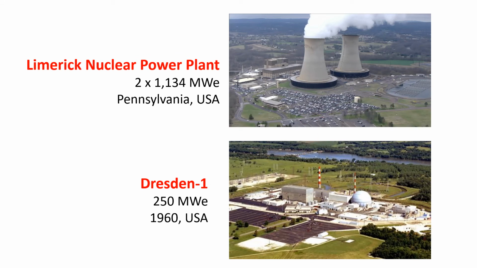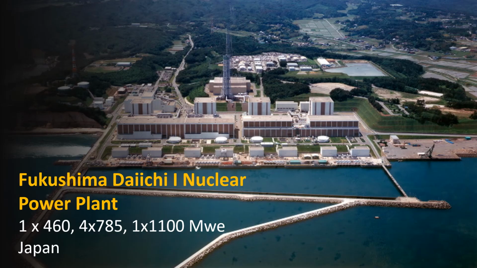Some of the boiling water reactors around the world are your Limerick nuclear power plant, and then your Dresden 1, which I think is already decommissioned. A very famous nuclear reactor, a boiling water reactor, is your Fukushima Daiichi nuclear power plant. Daiichi meaning one, so it's the first nuclear power plant in Fukushima.